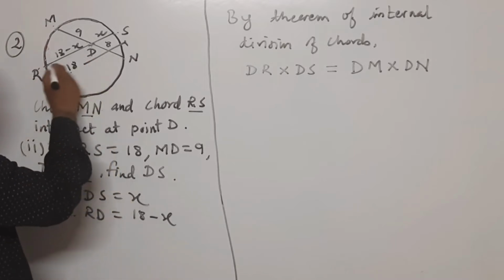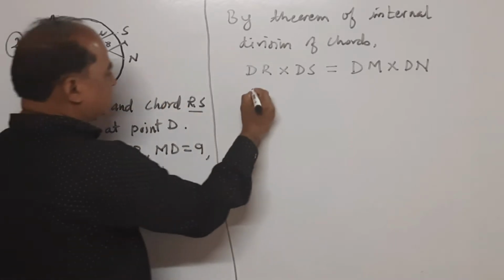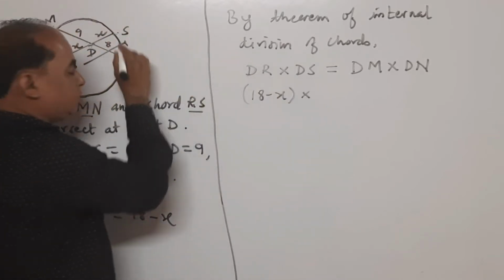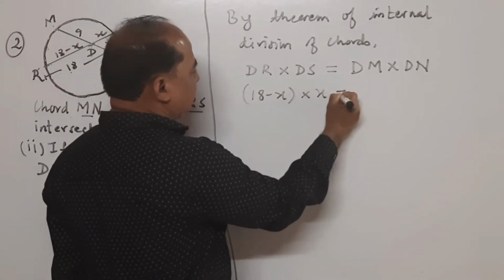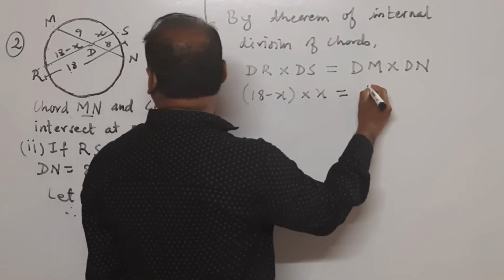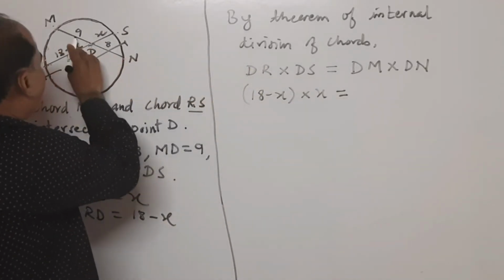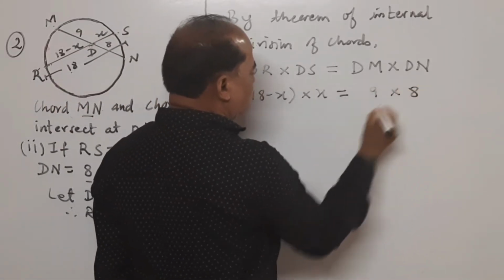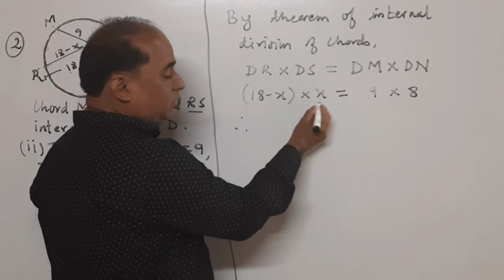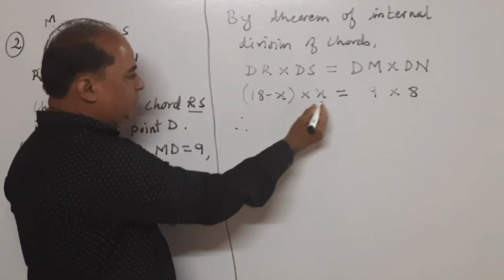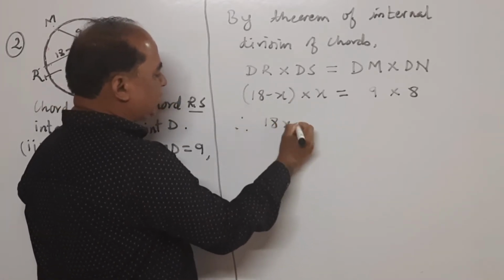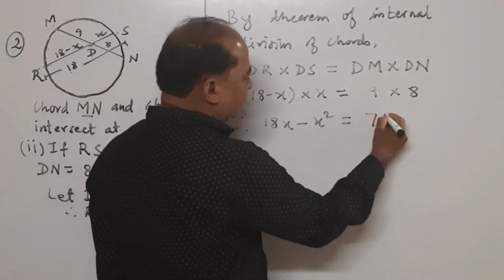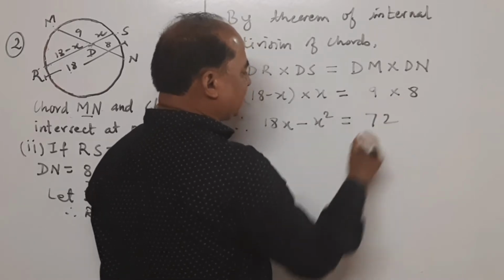Now DR is equal to 18 minus x, into DS, which is our assumption x, is equal to DM, the value of which is given as 9, into DN, which is 8. So 9 into 8. Therefore, now multiplying the bracket by x, x into 18 is 18x minus x into x, x square. 9 eights are 72.